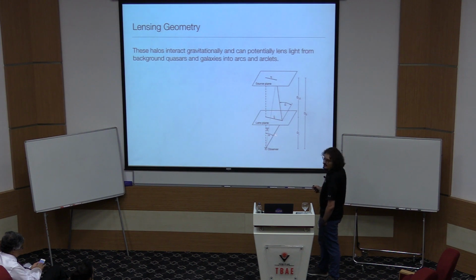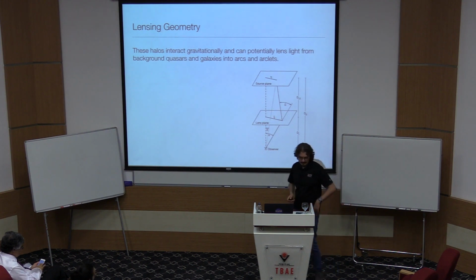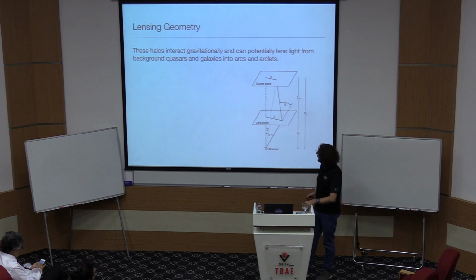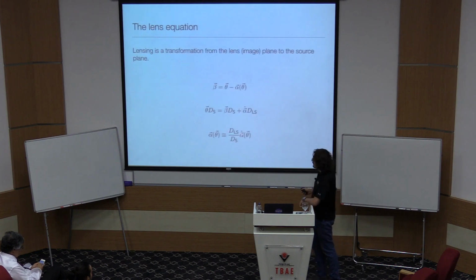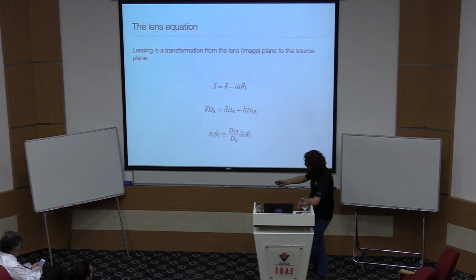And then there is the difference between the two, which we will call alpha, and that alpha will be the deflection. However, that alpha is not this alpha. This alpha is alpha cap. That is a different alpha. They're proportional. The proportionality constant is given here. DLS is the distance between the lens and the source, and DS is the distance to the source.